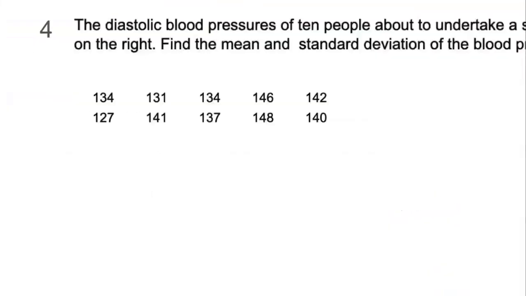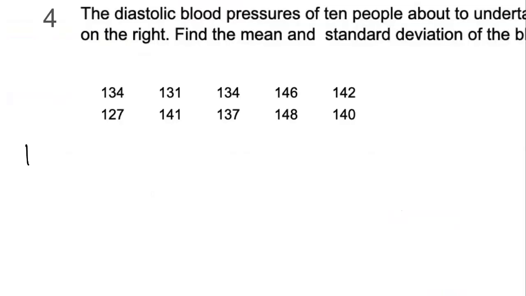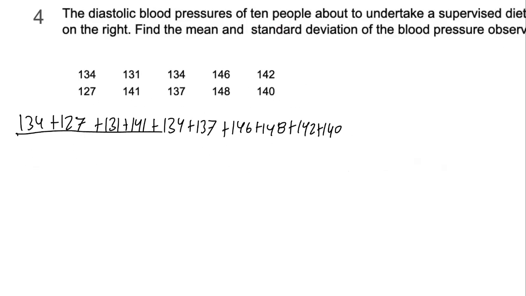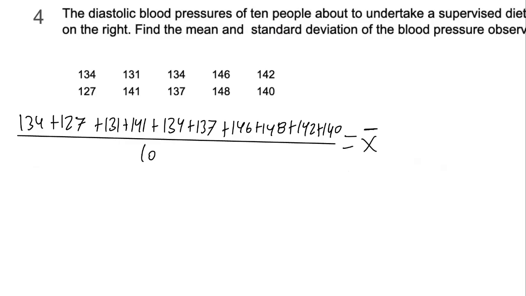So we're gonna take all these numbers: 134 plus 127 plus 131 plus 141 plus 134 plus 137 plus 146 plus 148 plus 142 plus 140. Divide that all by 2, 4, 6, 8, 10. There's 10. And this will give us our mean.